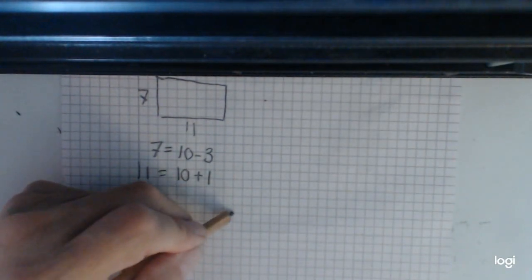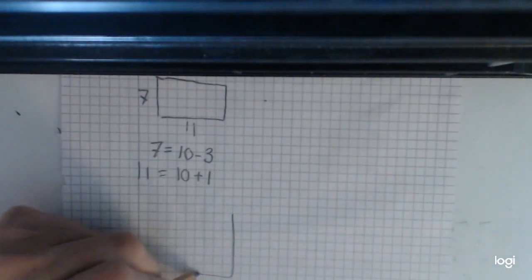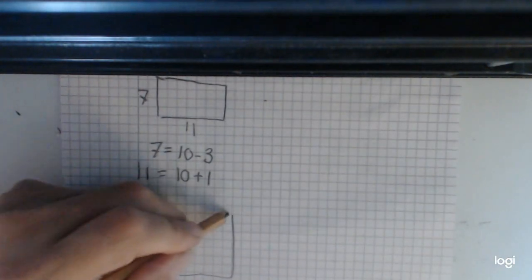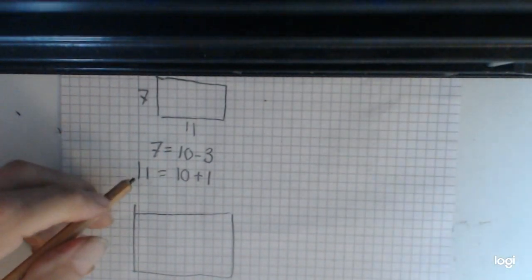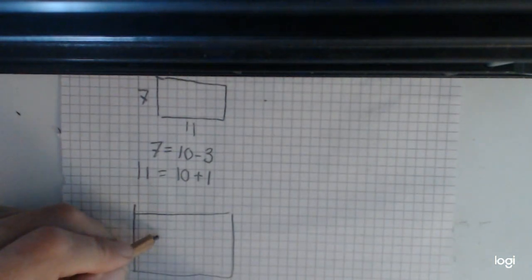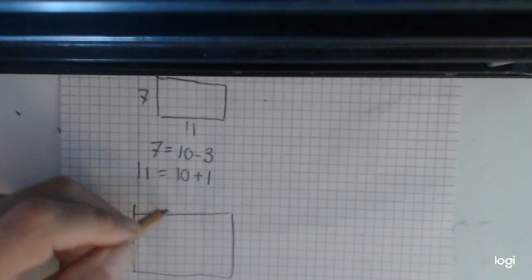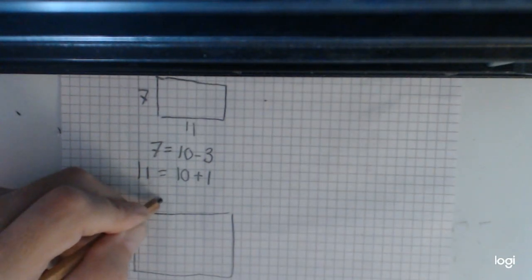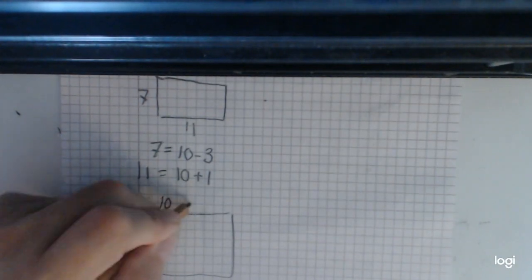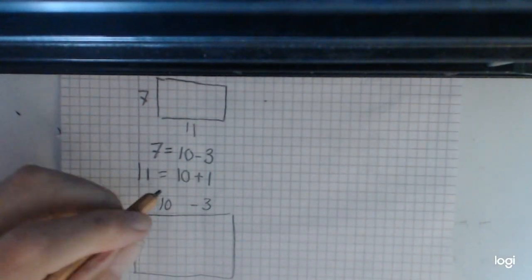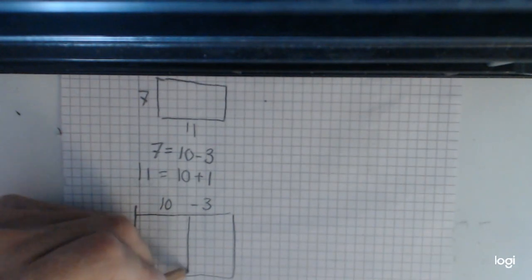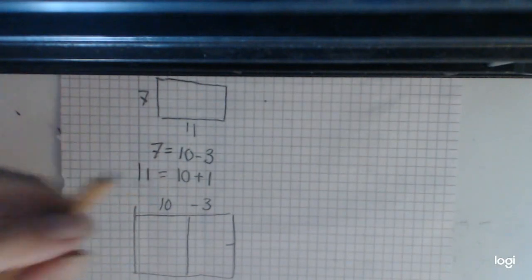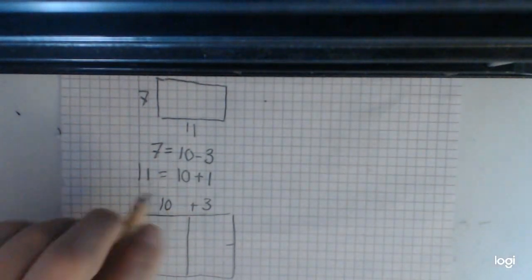So what you do is you redraw the rectangle here, and we call this one here 7, and 7 is 10 minus 3, and this 7 plus 1, sorry.